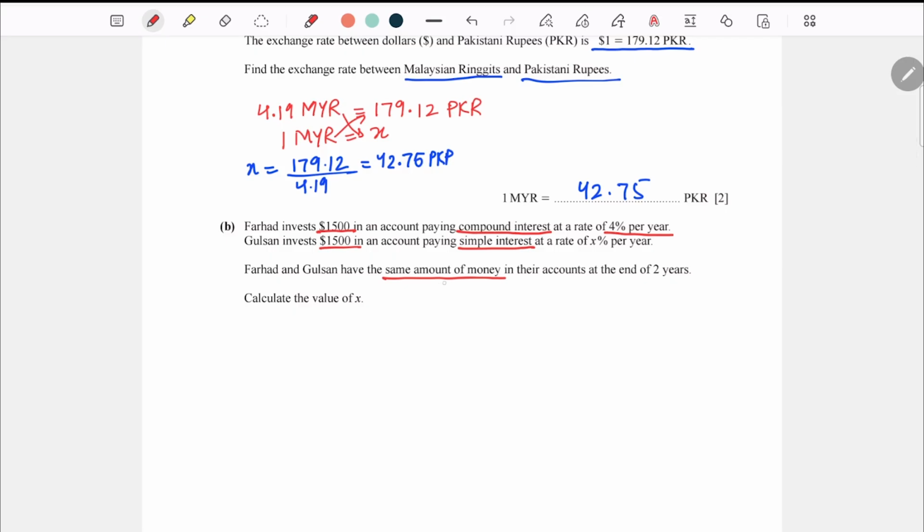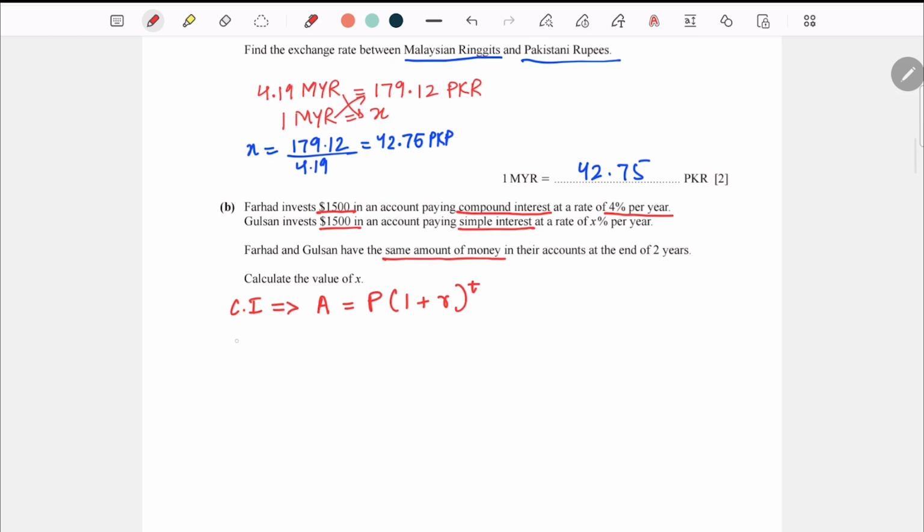Them having the same amount of money, basically compound interest, the formula is amount of money is equal to P bracket 1 plus r, and this is raised to the power of t. And for simple interest, the formula is amount of money is equal to P bracket 1 plus rate multiplied by time.